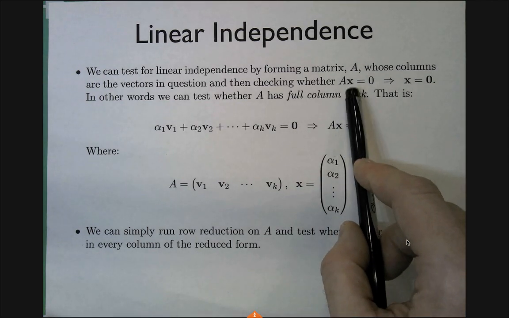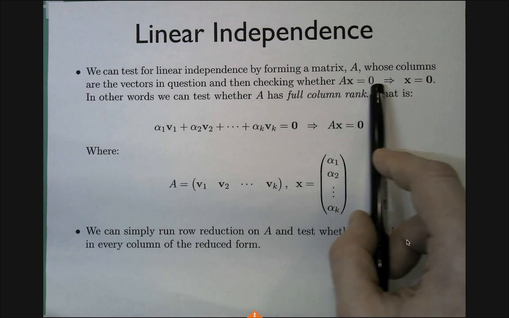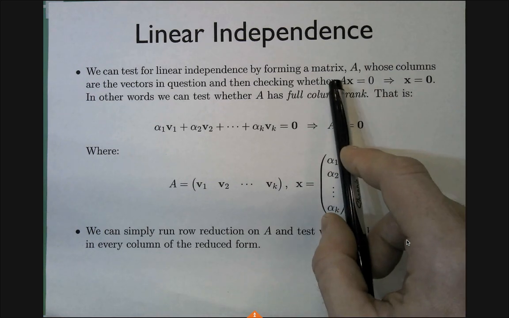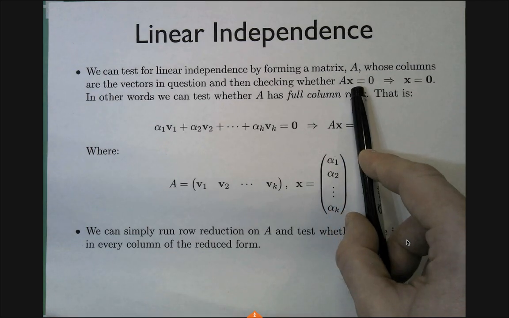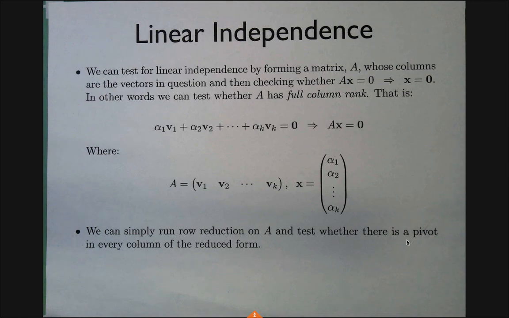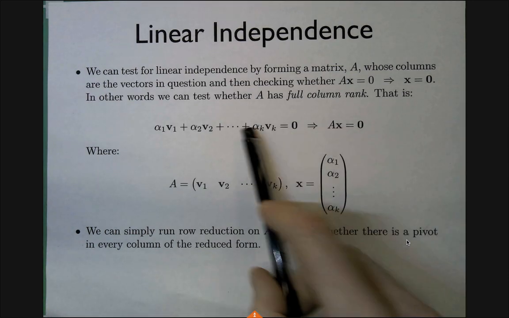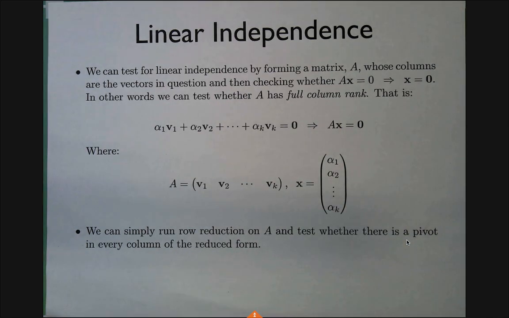Checking linear independence amounts to checking whether the only solution of this homogeneous system of linear equations Ax equals 0 is the trivial one. And from what we talked about before, the trivial solution will be the only solution if and only if A has full column rank. So I want to remind you of this.